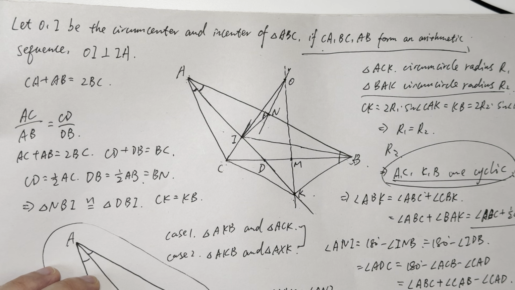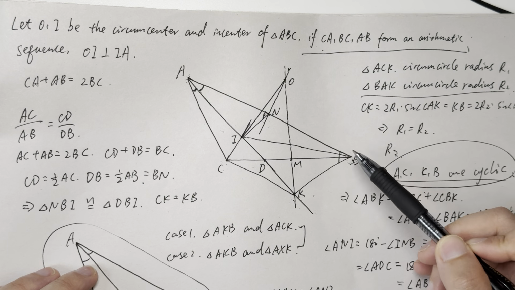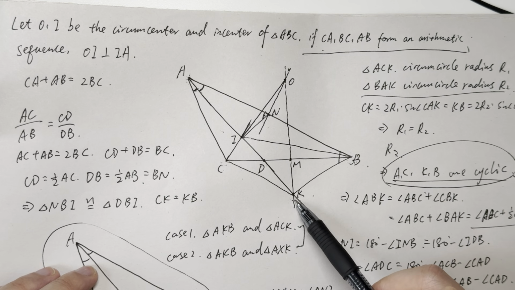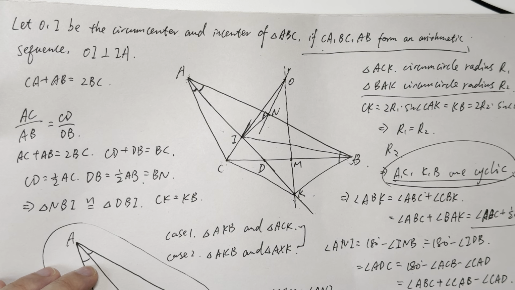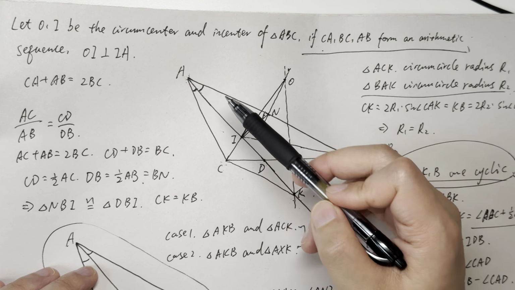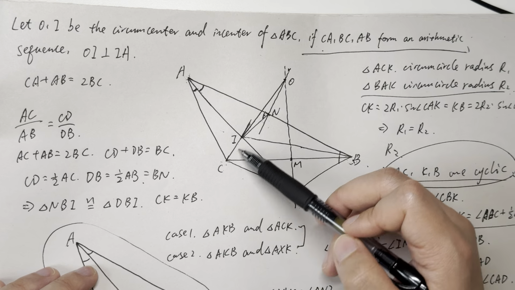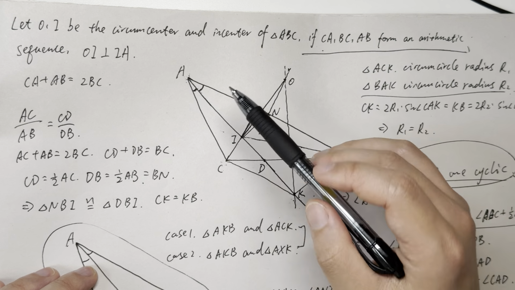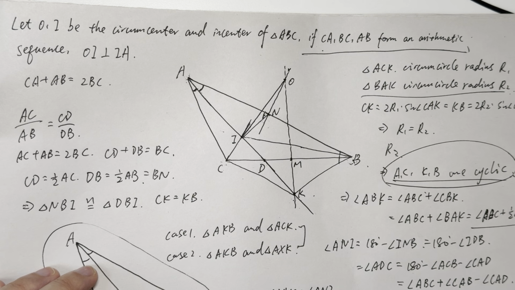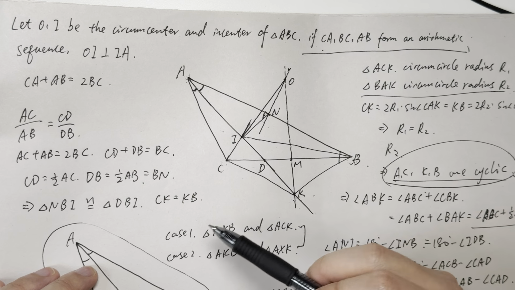Based on the derivation that they have the same circumradius, AKB and ACK make the circumcenter have to be on the perpendicular bisector of edge AK, right?